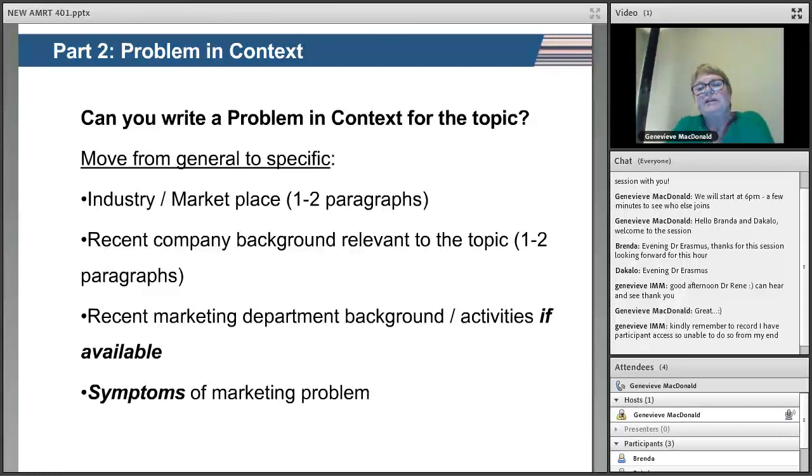Now we come to the next part. We've thought about the research problem, but now I have to write the problem in context for the topic. Generally the rule is you are moving from general to specific. So you start with a little bit about the industry and the marketplace, and recent company background that is relevant to the topic.